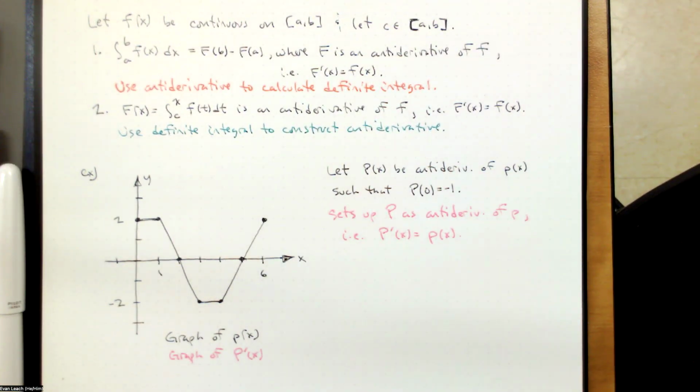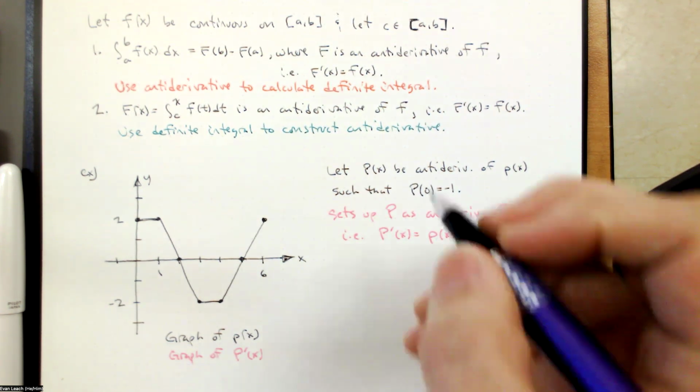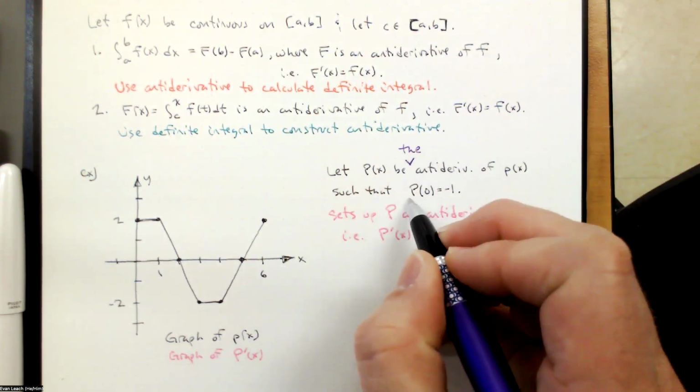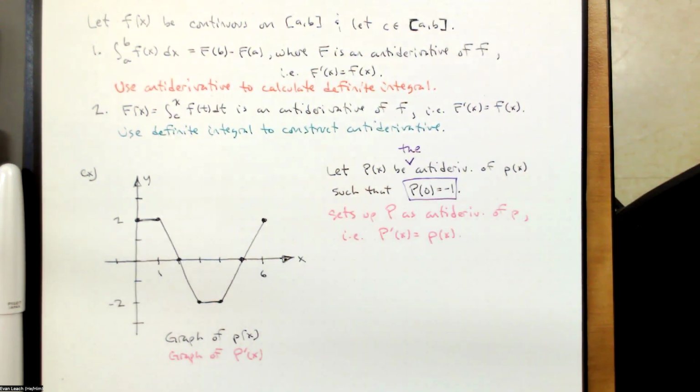That is, we're looking at the graph. The graph that I have given you is the derivative of some function. This is how I established that yesterday. I also established the particular capital P we want. I was able to say the antiderivative because I gave you a value of capital P, because I gave you this P of 0 is equal to -1.